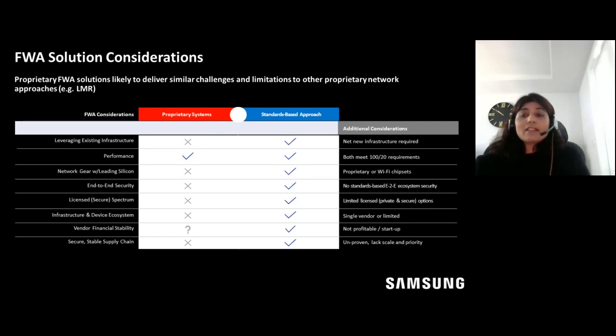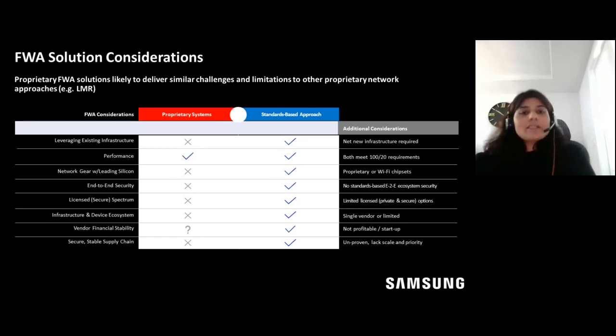Standard-based solutions also provide the benefit of a stable supply chain, and many players are available when it comes to CPE, while with proprietary solutions the CPE is always in a closed environment, and many times the cost of these CPEs is also a challenge.